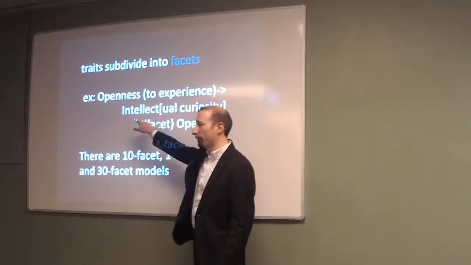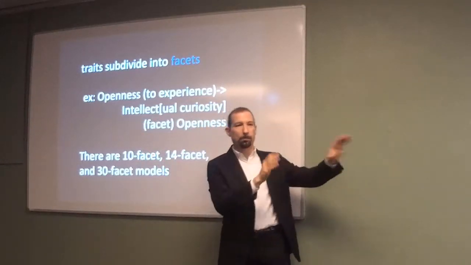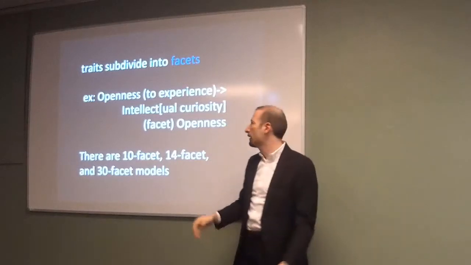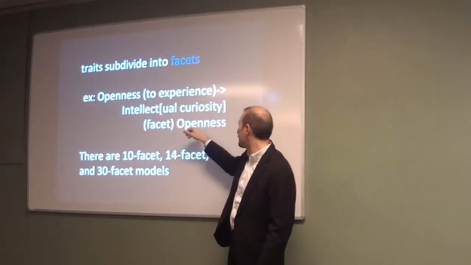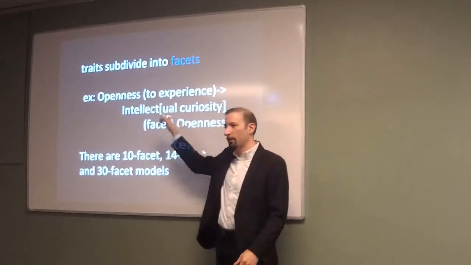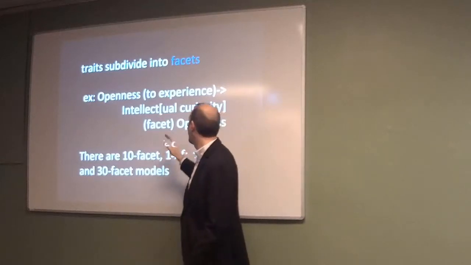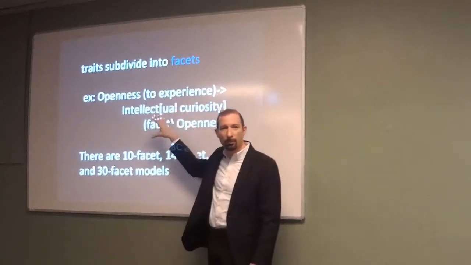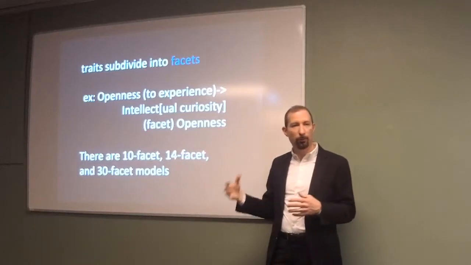Intellect, first off, is not intellect. It's your intellectual curiosity, because remember, intelligence is a whole separate thing factored out somewhere else. So that's a terrible name. And openness happens to be the same word as this one over here. These guys are just not good at this. But anyway, the point is that you can subdivide your main traits into individual facets.